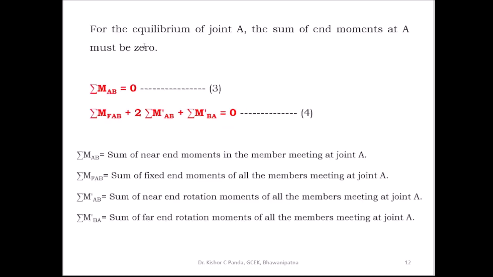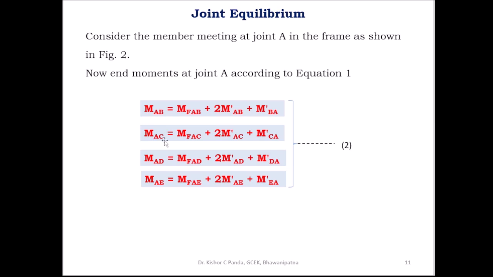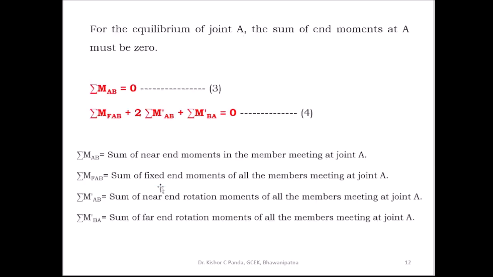As you know, for the equilibrium of joint A, the sum of end moments at end A must be 0. The summation of MAB is equal to 0. Here there are 4 members meeting at joint A. So MAB plus MAC plus MAD plus MAE is equal to 0.